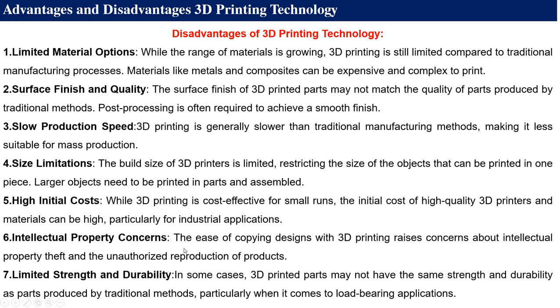Intellectual property concern. We can easily copy any type of object and print it using 3D printing, so there is a concern regarding intellectual property. Limited strength and durability. Whenever we are printing something on the 3D printer, we have to be concerned about strength and durability.